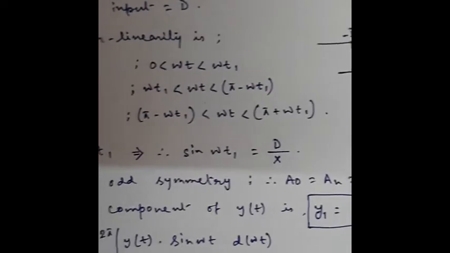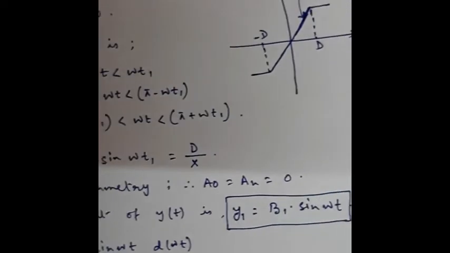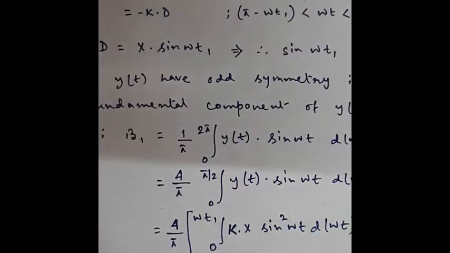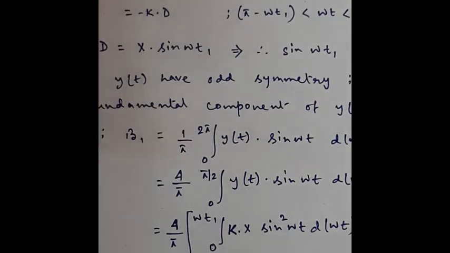So the fundamental component of y(t) will be only bn, or rather the first harmonic component b1. So we can write y1 equal to b1 sin omega t, where b1 is equal to 1 by pi integration 0 to 2 pi y(t) sin omega t d omega t.